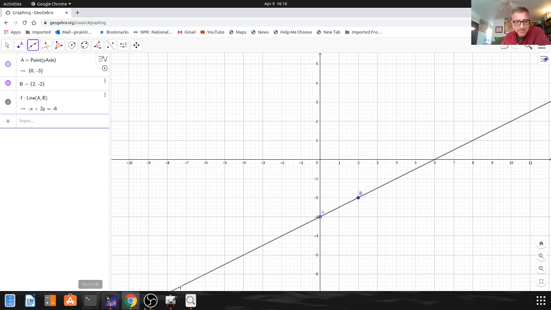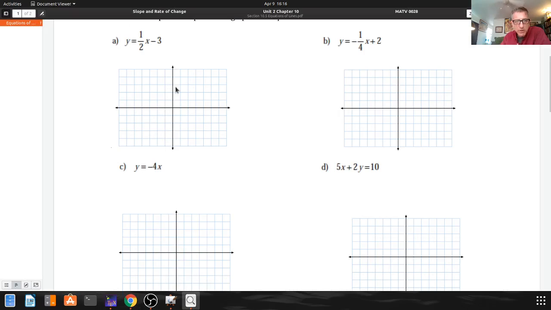Here, what you're going to do is you're going to come down and plot your y-intercept first, which is 0, -3. So this is 0, -1, -2, -3.